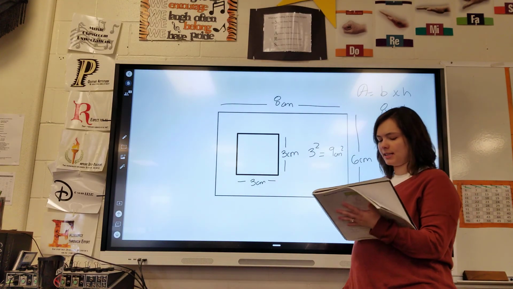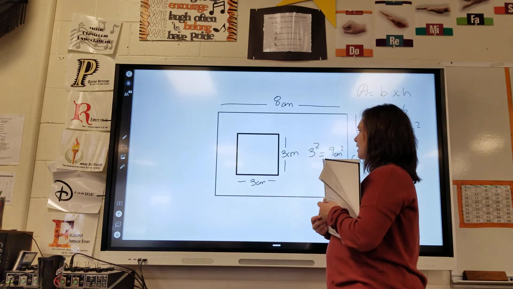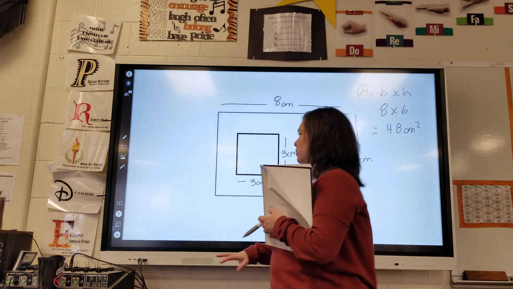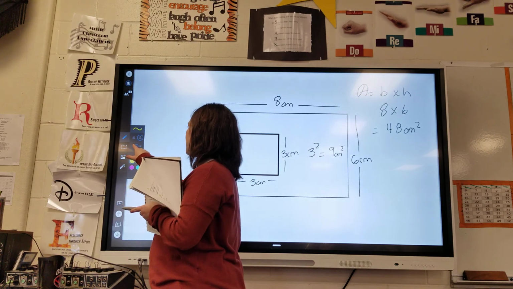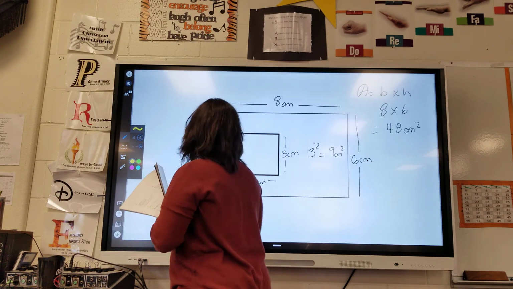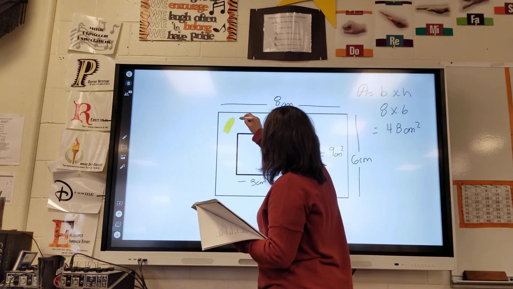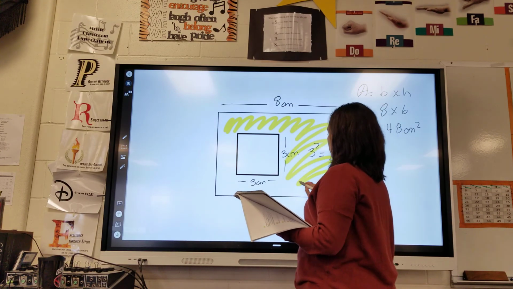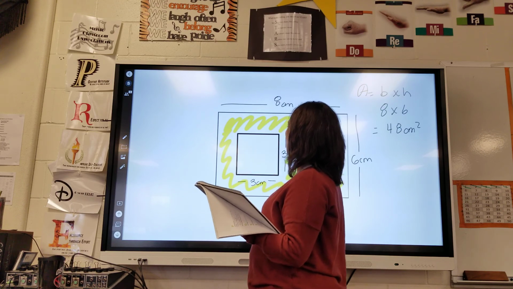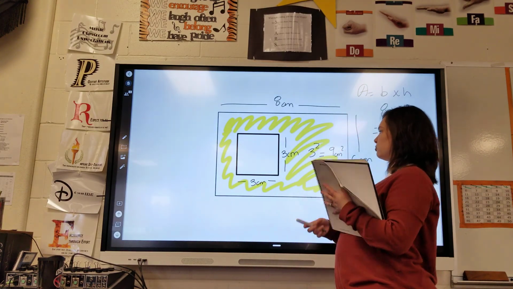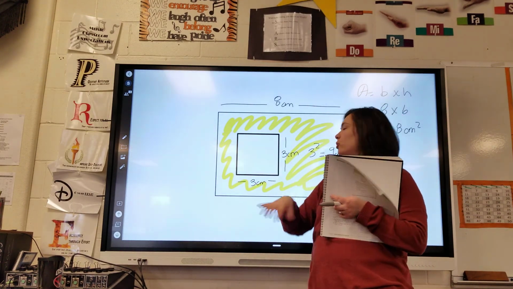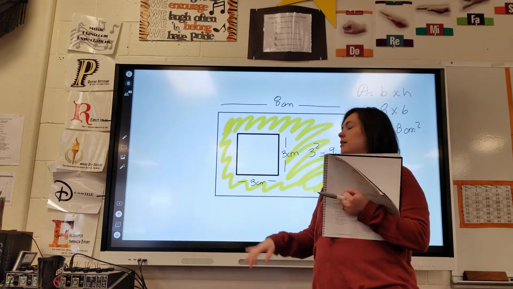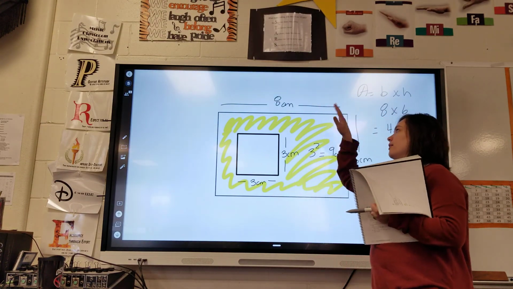How could you find the area of the rectangle that isn't included in the square? Let me show you. I'll highlight the area that we're trying to find. We're basically trying to find this yellow area here. So what we'll do is subtract the area of the square from the area of the rectangle.